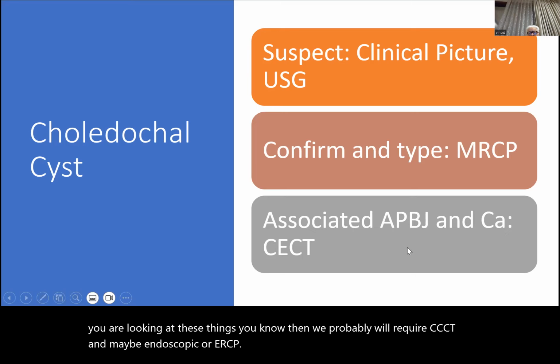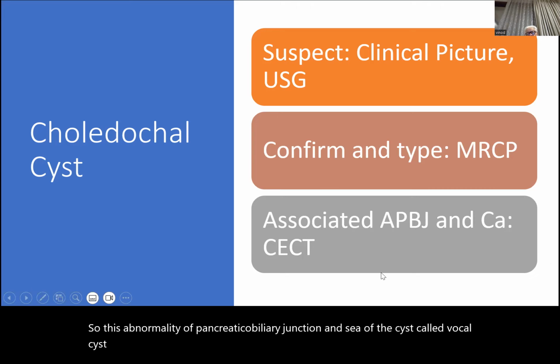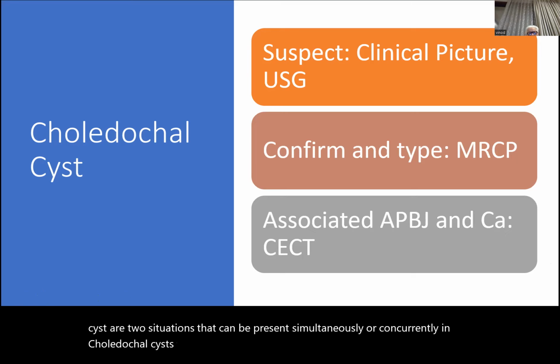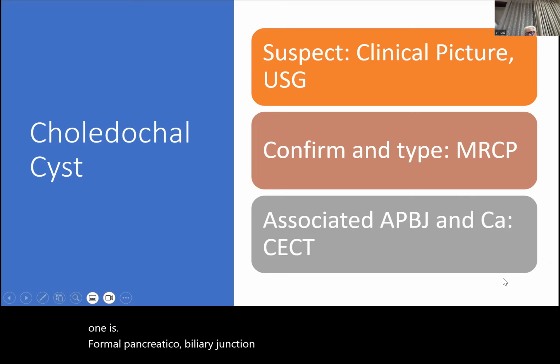So this abnormality of pancreatico-biliary junction and CA of the choledochal cyst are two situations that can be present simultaneously or concurrently in choledochal cyst. So if somebody asks you about concurrent pathologies, the one is abnormal pancreatico-biliary junction, and the second is occurrence of a CA in the choledochal cyst.